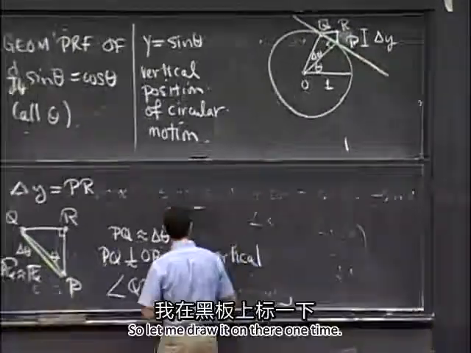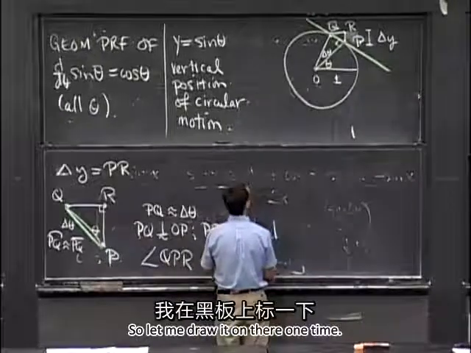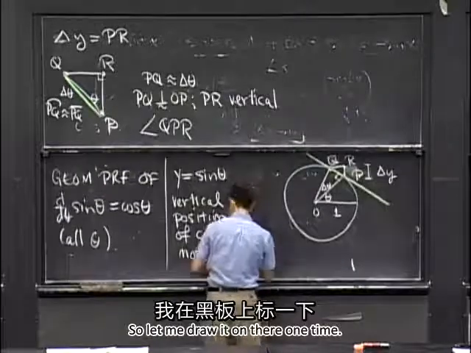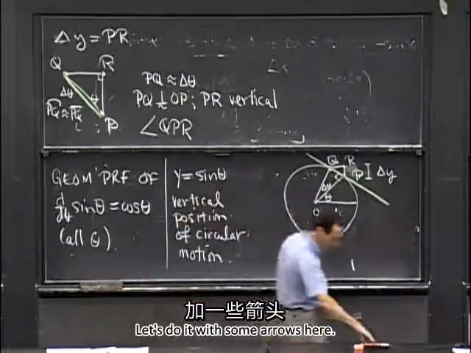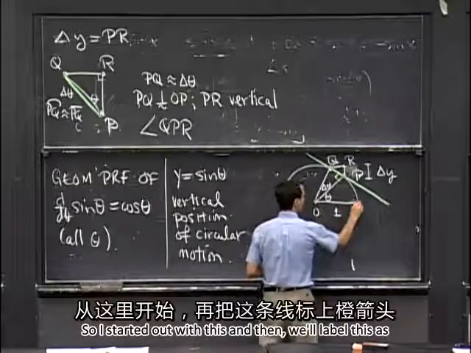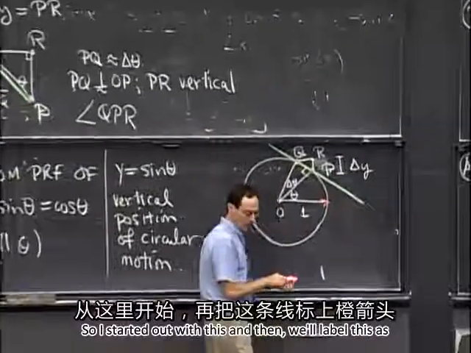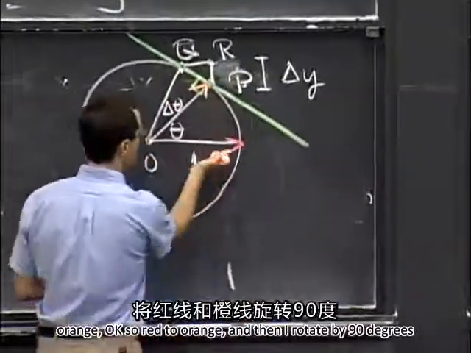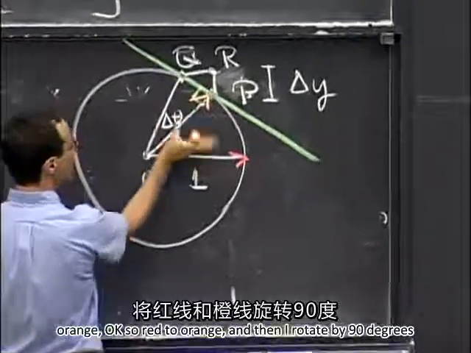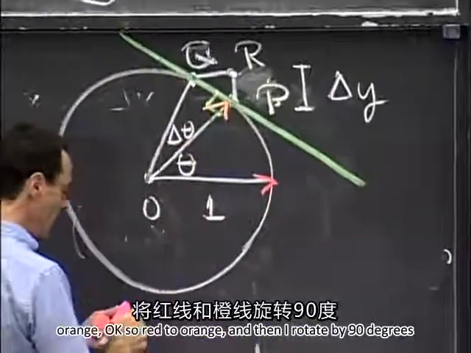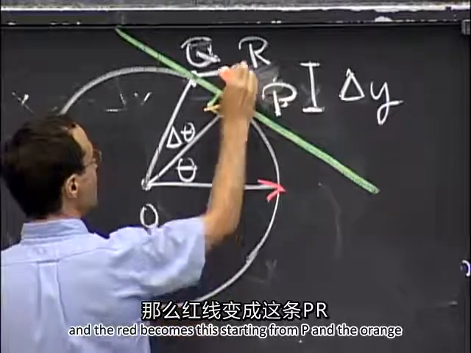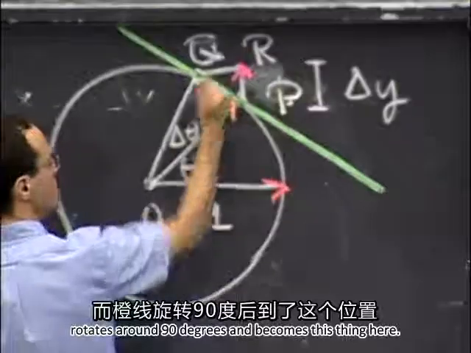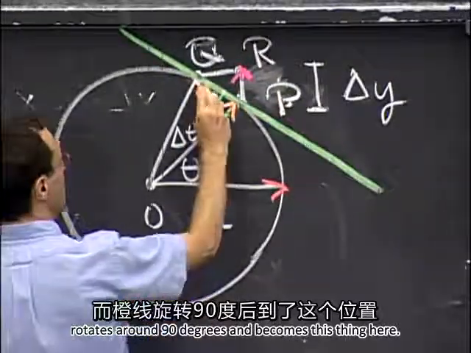Okay? So let me draw it on there one time, let's do it with some arrows here. So I started out with this, and we'll label this as orange. Okay, so red to orange. And then I rotate by 90 degrees. And the red becomes this, starting from P. And the orange rotates around 90 degrees and becomes this thing here.